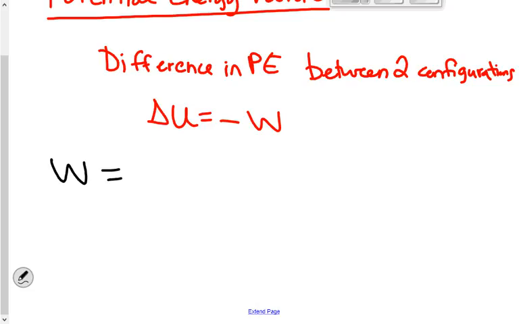So Zoe, what were you going to say that work was equal to? The area under the curve, and the calculus way of talking about that is the integral. So if my force acts between some points, x initial and x final, then the work is going to be the integral from x initial to x final of F of x dx.